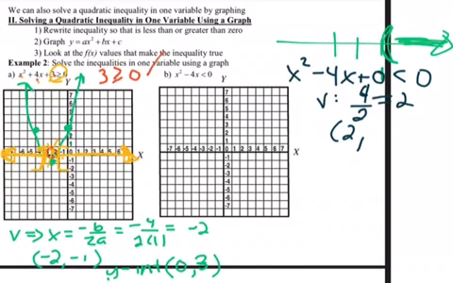If I plug in 2, I get 4 minus 8 plus 0, so I'm going to get 4 minus 8 is negative 4. So I've got 2, 1, 2, 3, negative 4. And then if I plug in 0, I get out 0. So 0, 0 is on my graph, and I'm going to mirror that point.